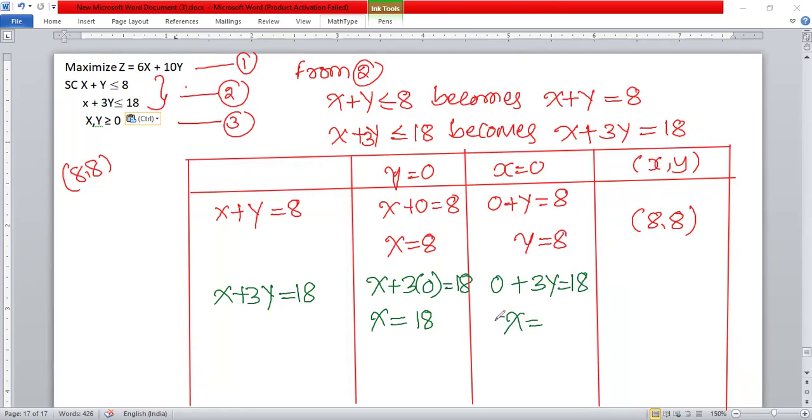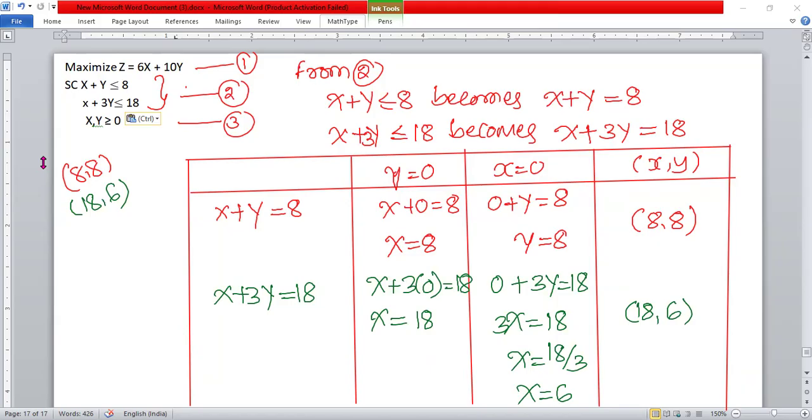So y is equal to 18 by 3, so y is equal to 6. So this is 18 comma 6. The first point is 8 comma 8, the second one is 18 comma 6.